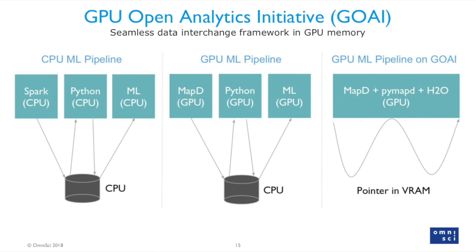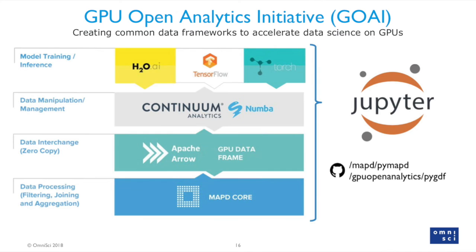So I wanted to show you that there's a huge value. Like I said, we were the founding members of GoAI. So we can talk Arrow format, which is the columnar in-memory format, and from OmniSci, and RAPIDS also is based on Arrow. So once you have data in OmniSci, you can very easily through Python code read it into a data frame that is like a GPU data frame.